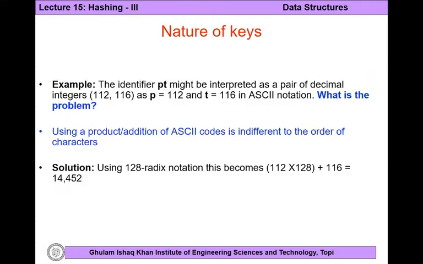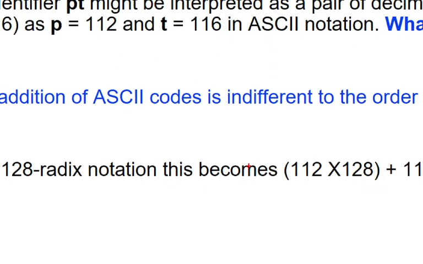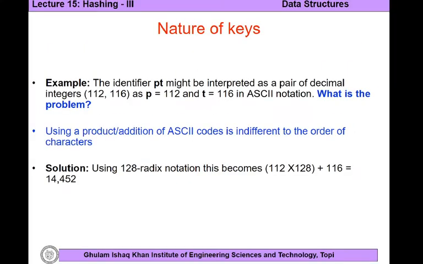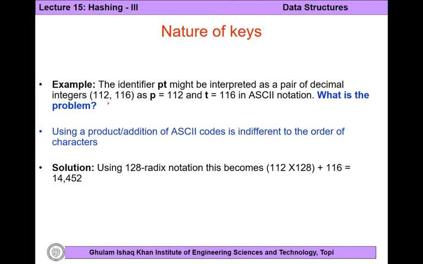So in the radix notation, what we do, we multiply the least significant or maybe the most significant digit as well with a number. For example, if you see here, we are using 128 radix notation, so it's not that complicated. What we do, we multiply the first character with 128 and the rest of the characters are summed as it is.